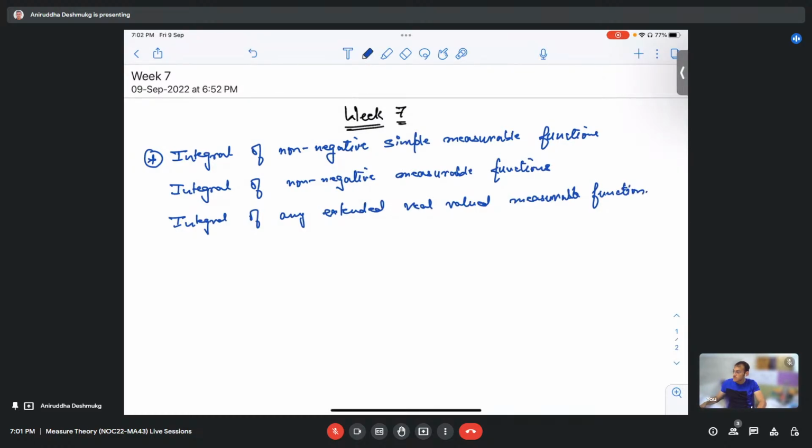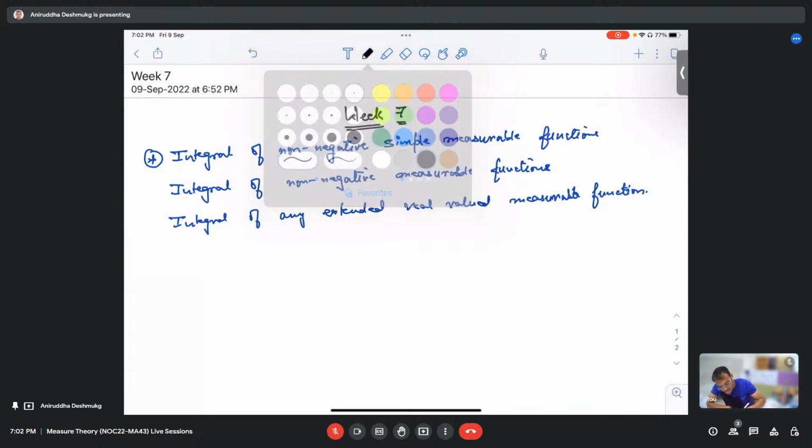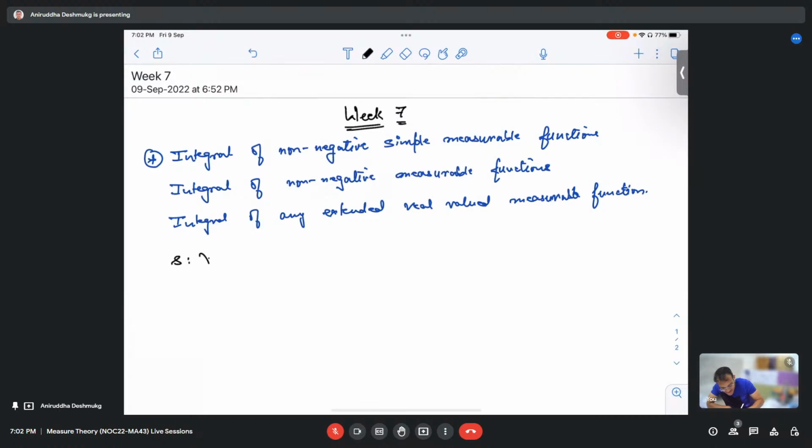Okay. So I'll just mention how we define it. Suppose we have a simple function s from X to R star.